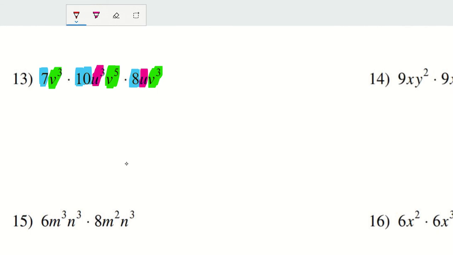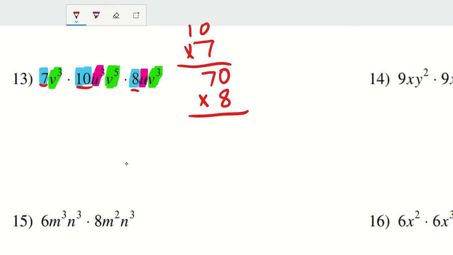We have 7 times 10, right? I'm first multiplying 7 times 10. That's going to be 70. And then I still have to multiply the 8. So 7 times 8, that's 56. Bring down the 0. So when I multiply the 3 numbers, my answer should be 560.